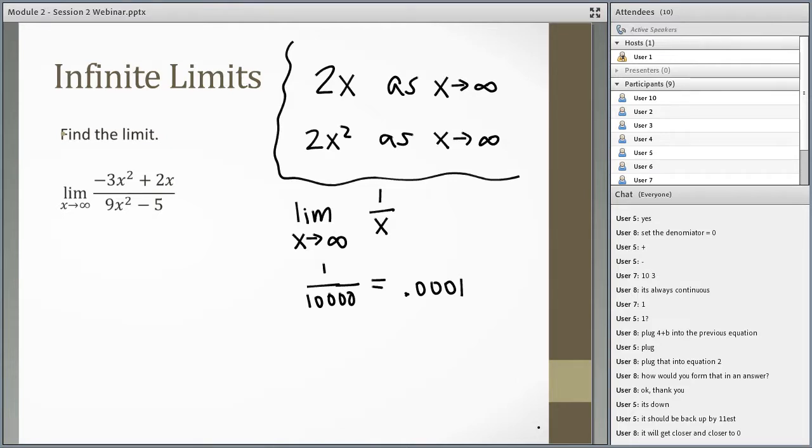But 10,000 is not infinite. So let me choose another number that's even larger than 10,000, heading towards infinity. I plugged that in.